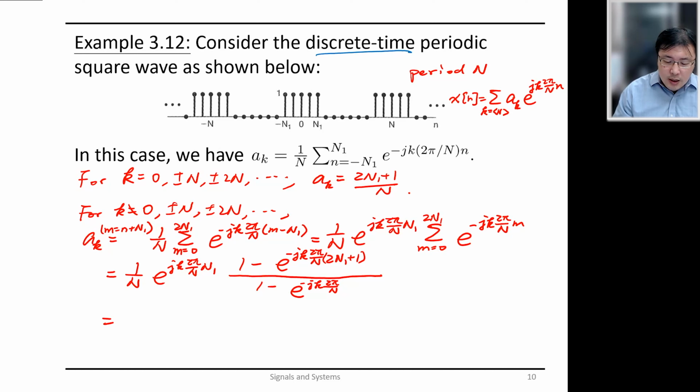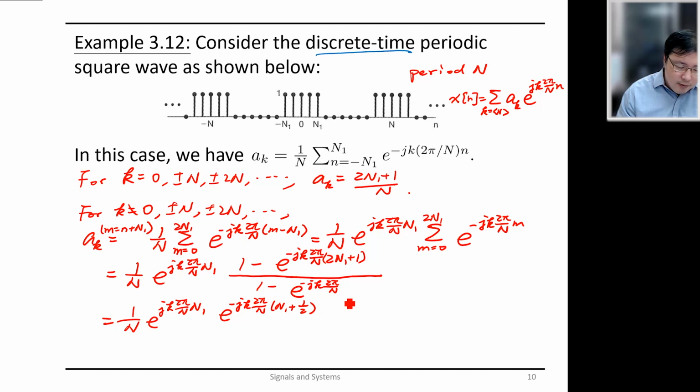Now, with a little bit of manipulation, I want to bring half of this outside of the bracket. So let me bring half of this outside, which gives me e to the minus jk 2 pi over capital N times (N1 plus 1/2), times e to the jk 2 pi over capital N (N1 plus 1/2) minus the same thing.